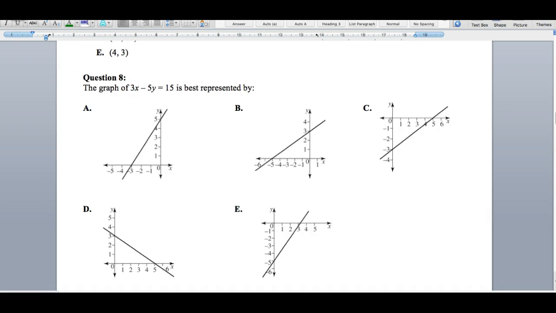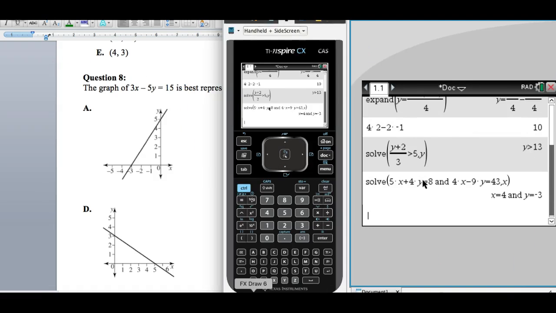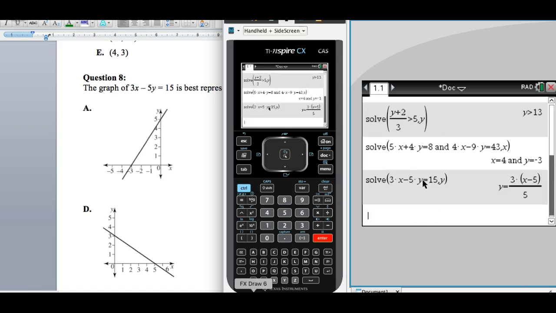Okay, so let's go back to the calculator. If you're someone who likes something in the form y equals mx plus c, you can go solve, type in your equation, 3x minus 5y equals 15, comma y, and it'll put it in the form y equals mx plus c. It's a bit hard to see, so let's just expand that.